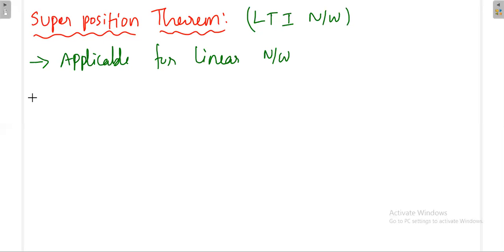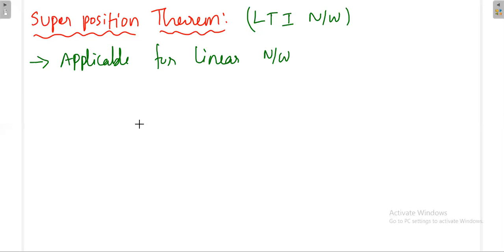So what this superposition principle is telling: when you have more than one source, the total response across any element is equal to the sum of the responses when the inputs are acting independently and separately.